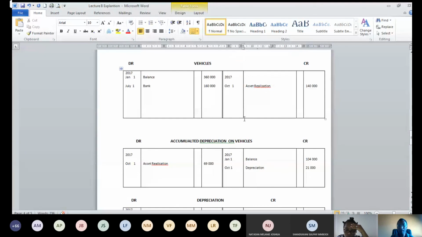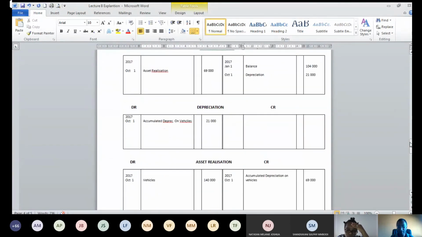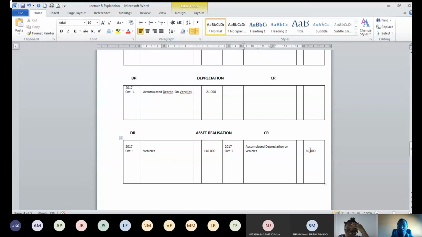The bank account will have a debit entry. I'm not going to show that entry because the bank account is not required here. Your asset realization account will have a credit entry, bank, and the amount of the bank is 80,000 rand.